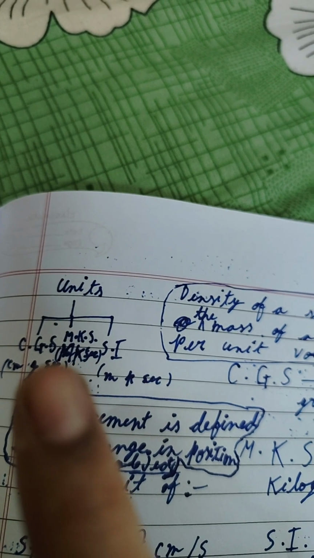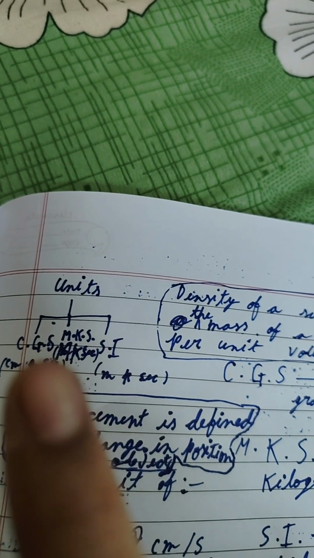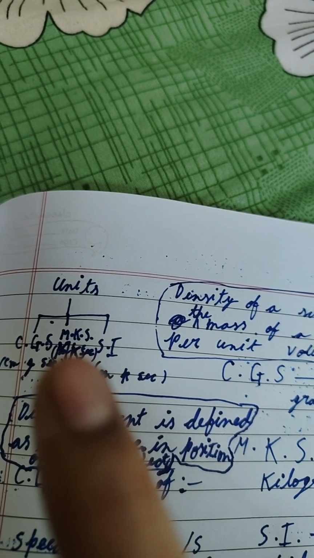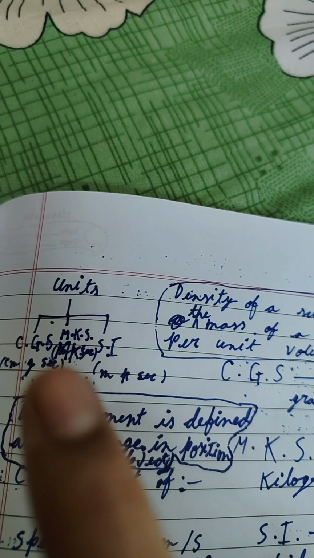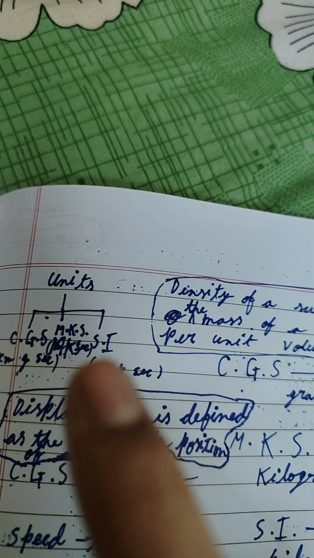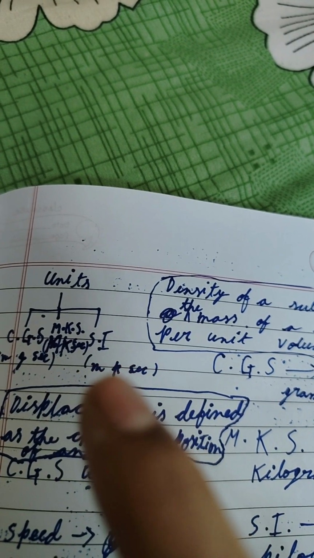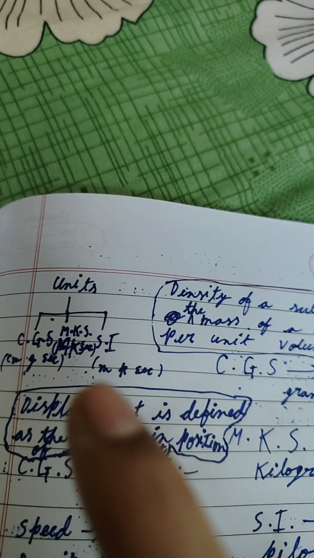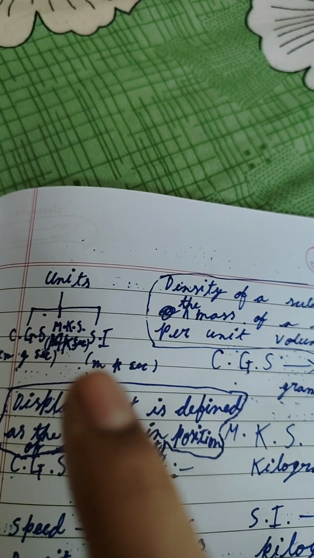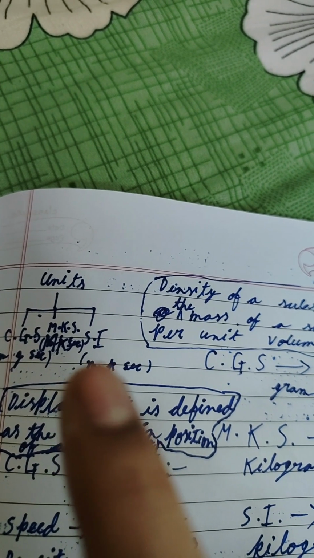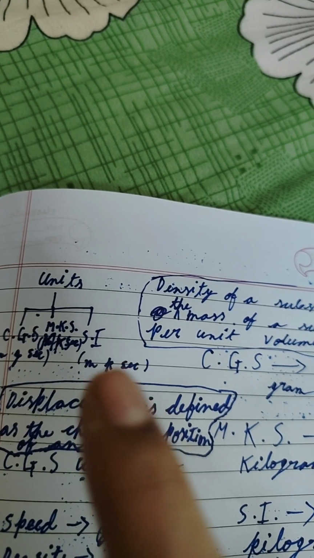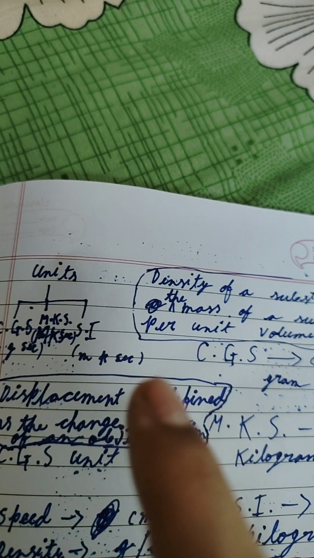Now MKS: M stands for meter, K stands for kilogram, and S stands for second. Now SI unit, and the full form of SI is standard unit. Meter, kilogram, second are the SI units.